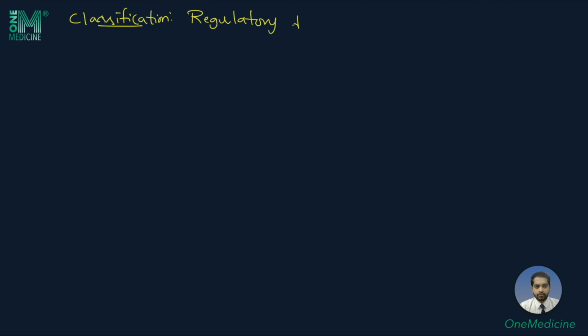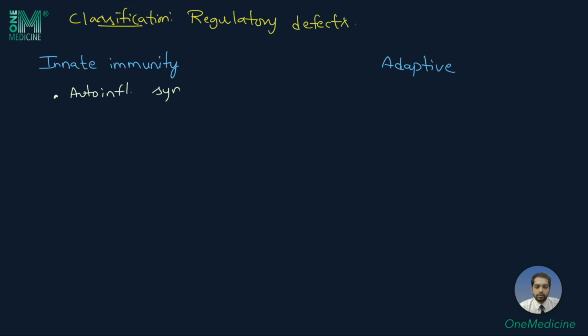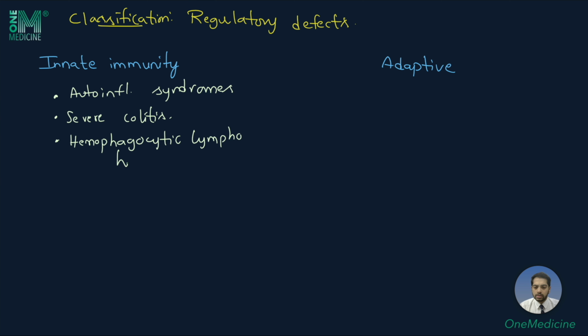regulatory defects. These are further subdivided into innate immunity regulatory defects and adaptive immunity regulatory defects. Common conditions where innate immunity is involved include autoinflammatory syndromes, severe colitis, hemophagocytic lymphohistiocytosis, or written as HLH in short.